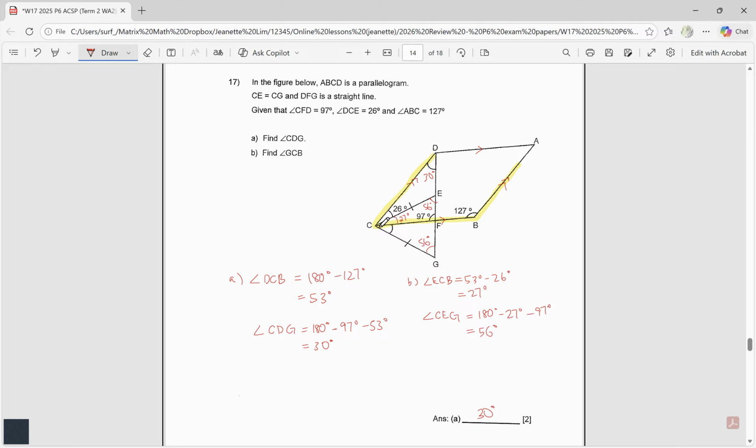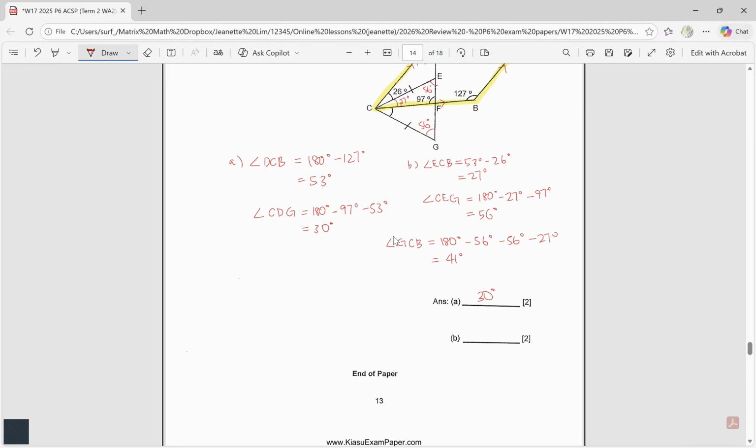So in this triangle here, if I take 180 minus 56 minus 56 minus 27, I'll get this part here. Okay, which is what we want. Angle GCB. Yeah. This will give us 41 degrees. Okay, so answer 41 degrees.